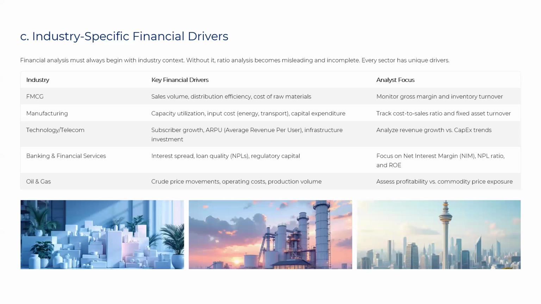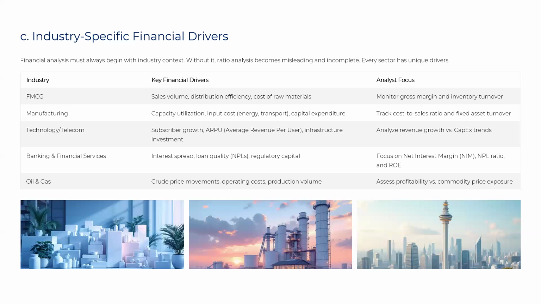The sales volume of that kind of business. You also look at the distribution efficiency. You also look at the cost of raw material. When you're analyzing, the analysts focus on monitoring the gross margin and also monitor the inventory turnover. Now, in the practical aspect of this class, we'll be looking at some of the ratios and you'll understand quite a bit of them. So yeah.